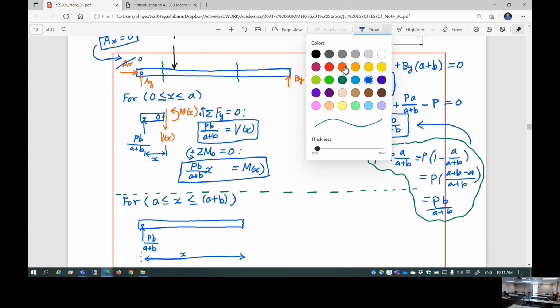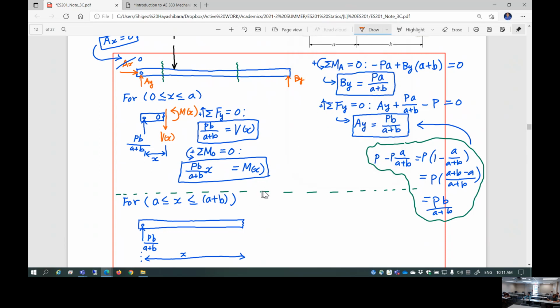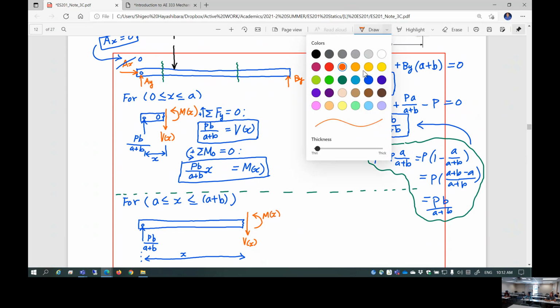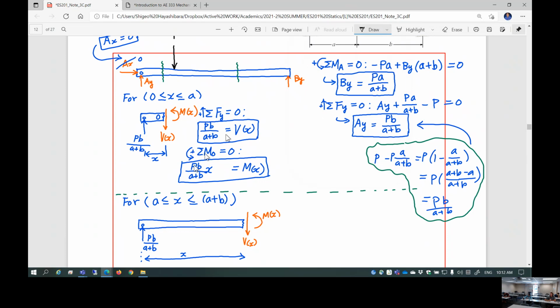And as usual, you're going to introduce shear as a function of x and also moment also as a function of x. Okay. Now, in this free body diagram, of course, you have to include force P in your picture.